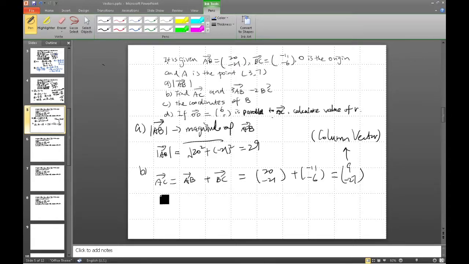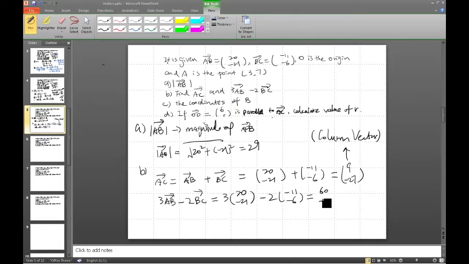Okay, let's find out what 3AB minus 2BC is. This is even simpler. We just need to use 3 times the column vector of AB minus 2 times the column vector of BC.